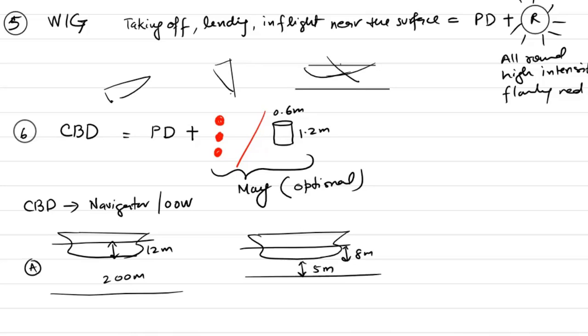Which is CBD, A or B? Sir, B. Makes sense, because it is the draft in relation to the available depth and width of navigable water, where the vessel is restricted in her ability to deviate from the course. So these lights are optional. Be very careful.